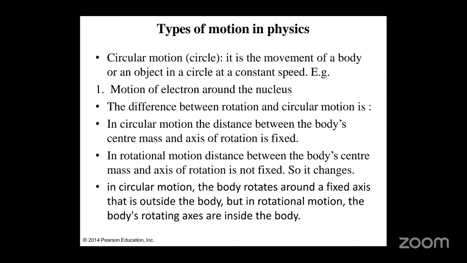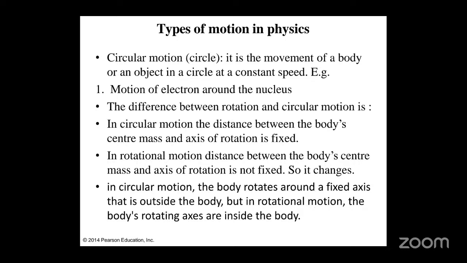And also we can say the movement of the earth around the sun is a circular motion, or the movement of the moon around the earth is also a circular motion. Now, what is the difference between a circular motion and a rotational motion?